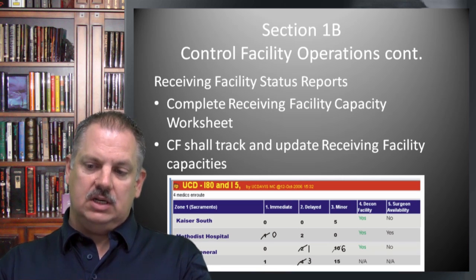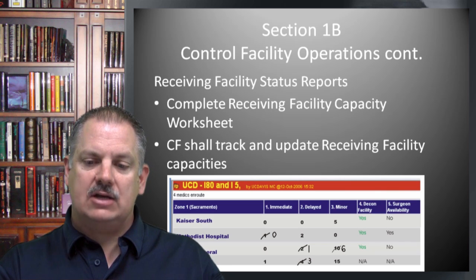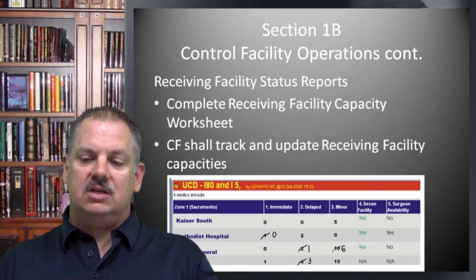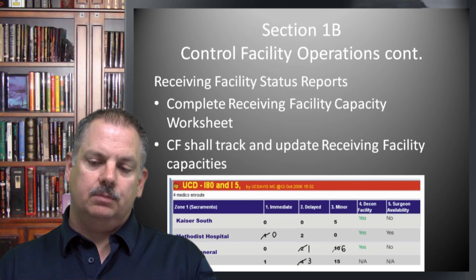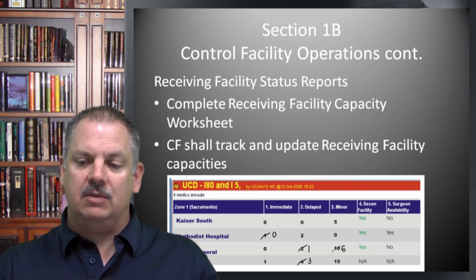There's a screenshot there that's actually a printout from EM Resource. It shows a couple of hospitals and what their availabilities are, and the control facility is making marks on that to show how many patients are going to be transported to those facilities.